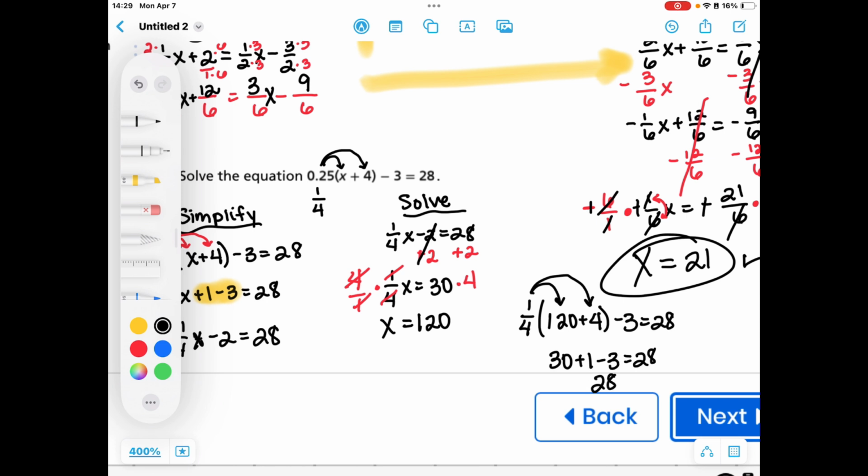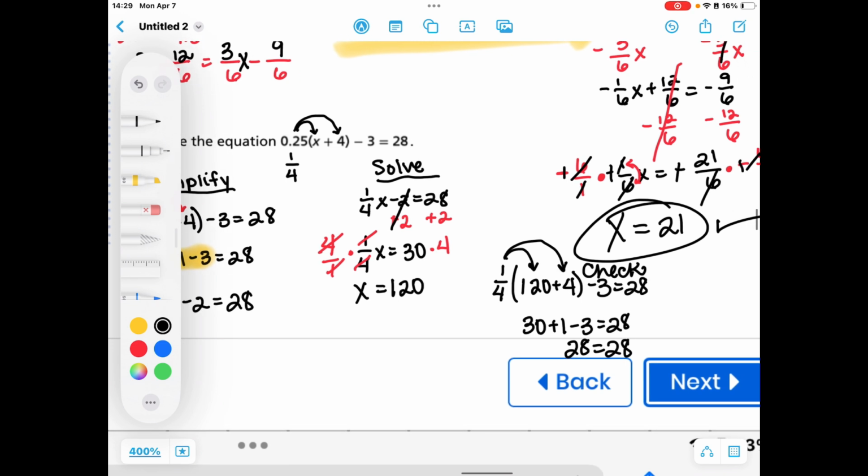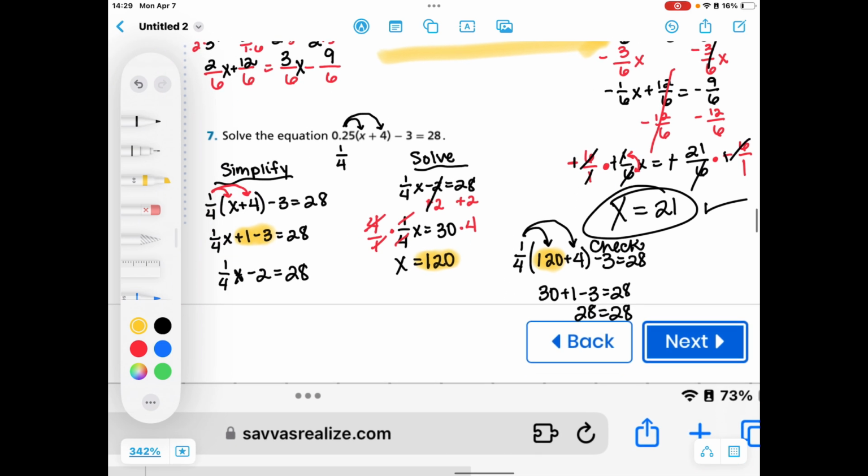And then from there, 28 will then equal 28. So this was my check underneath here for number 7. But it will work out. That's why I recommend you checking, even if you get this big number. Because sometimes it does work out. So if you ever have doubts, all you gotta do, plug it back in and solve.